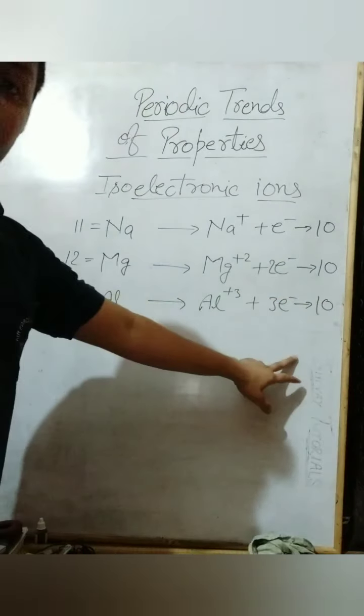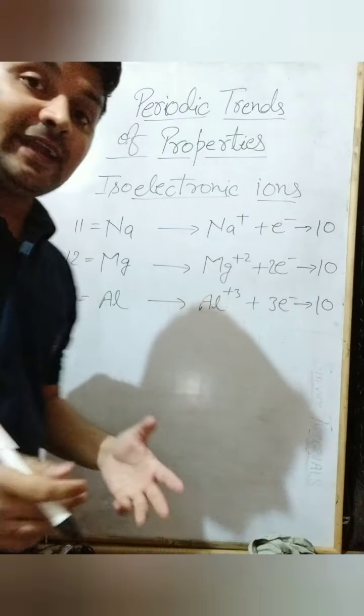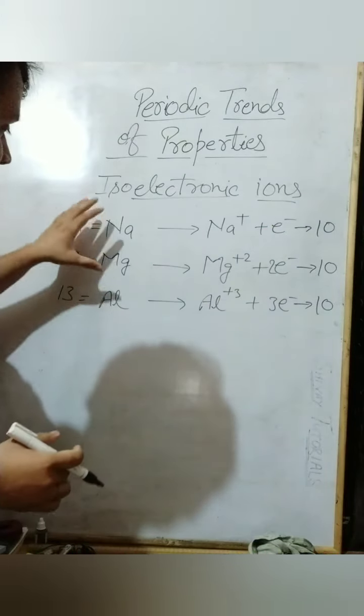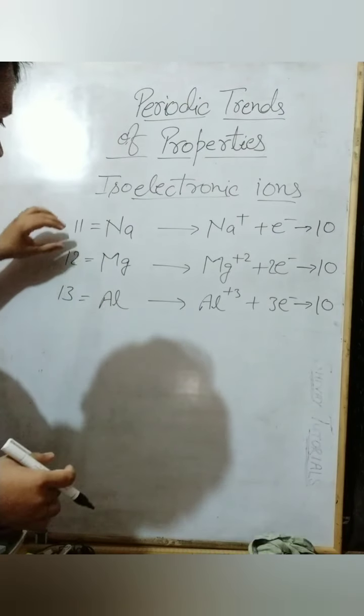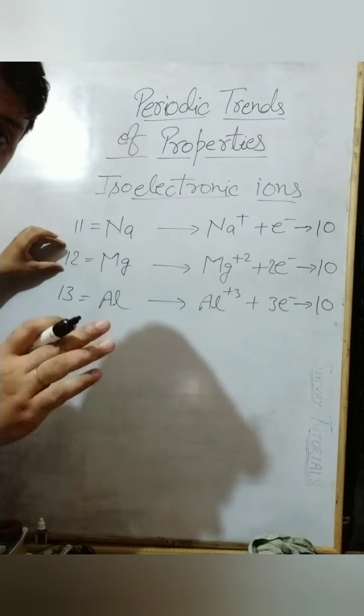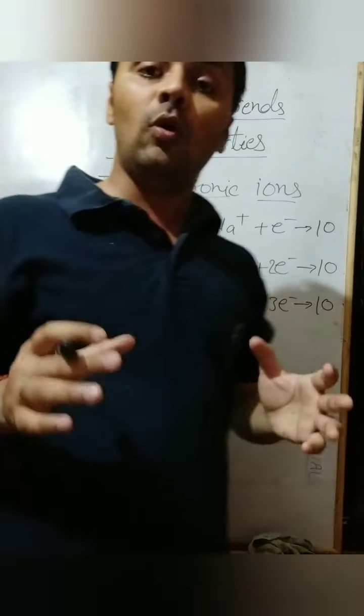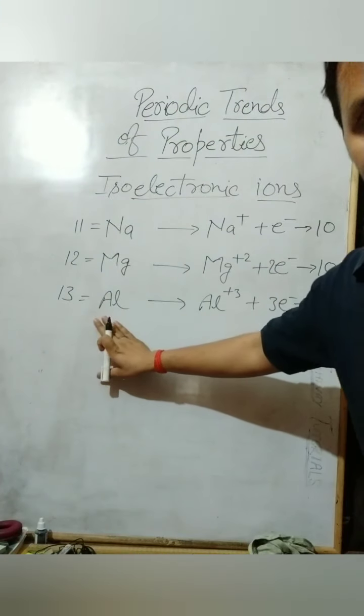Now what is common? The number of remaining electrons is the same, but the nuclear charge of the atoms is different. The number of protons in sodium is 11, in magnesium is 12 and in aluminium is 13. So who has the more effective nuclear charge? Of course aluminium.